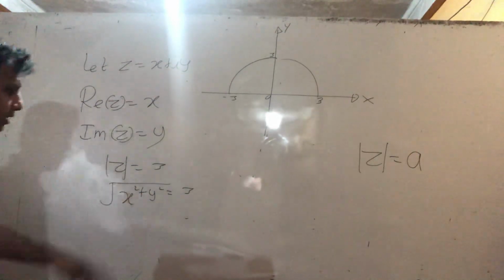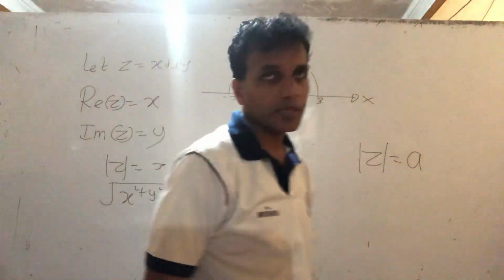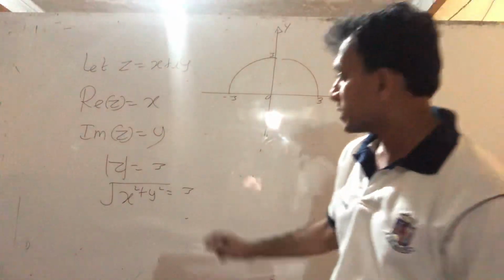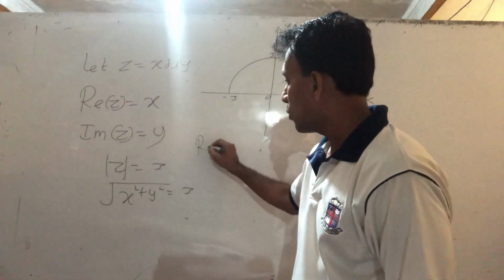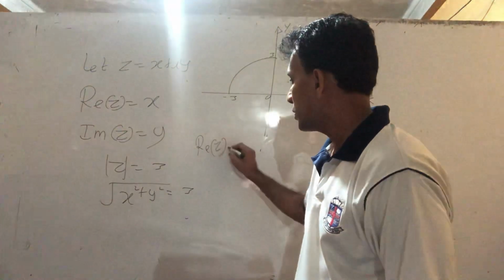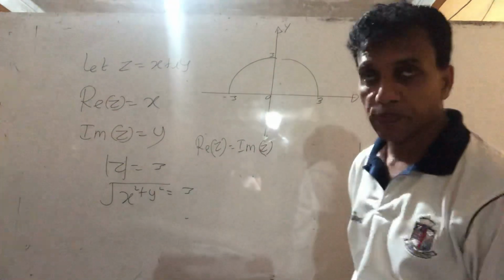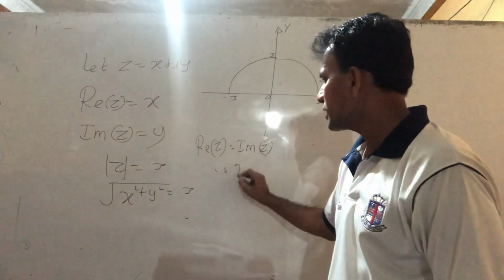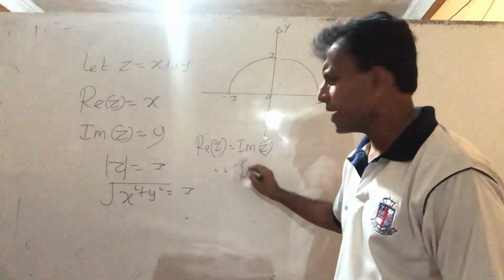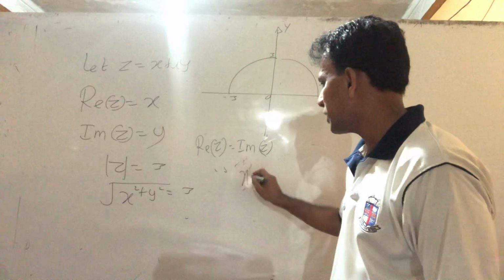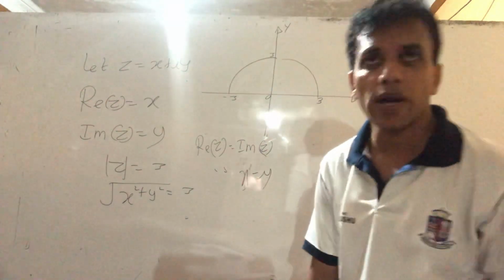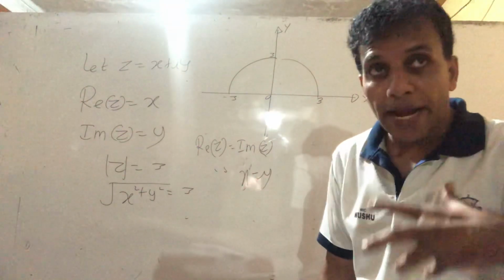If you square it, you can do it with the same method, right? They said the real part of this complex number and the imaginary part are equal. That means x equals y. What is the other information?